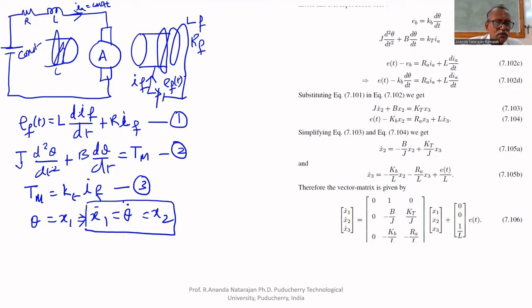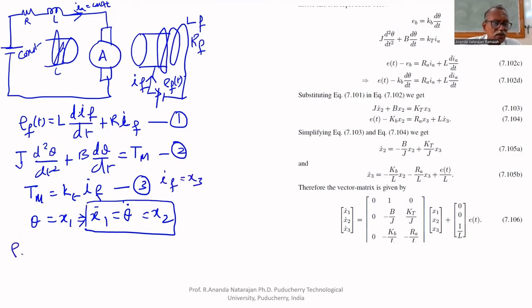We are assuming that theta equal to x1, theta dot equal to x2, two state variables. Third state variable is IF equal to x3. That is the third state variable.